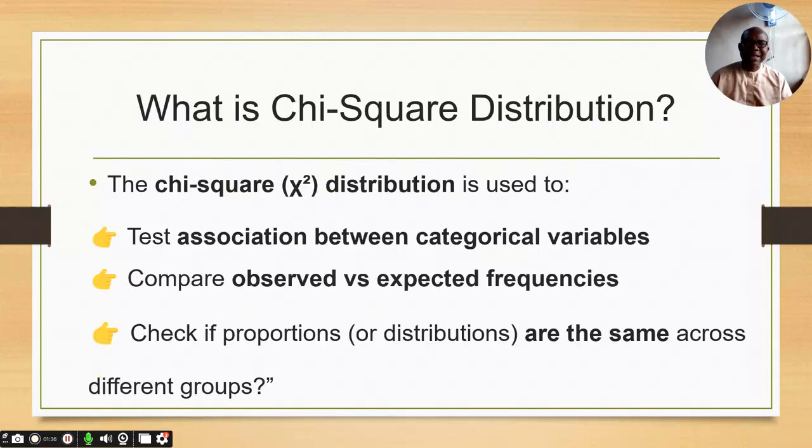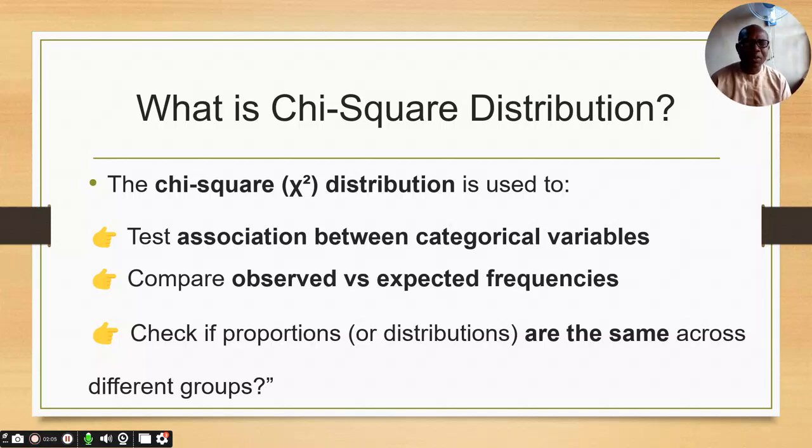So let's start by discussing what the chi-square distribution itself is all about. The chi-square distribution is actually used to test the relationship, or call it the association, between categorical variables. We usually use it to compare what is expected to be seen when we make a claim or a hypothesis, with what we see when we get to the field.